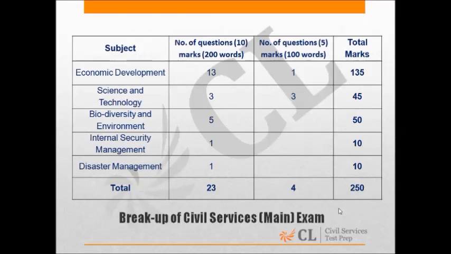So here we can see that 23 questions are of 200 words carrying 10 marks each, thus 230 marks, and there are 4 questions of 100 words carrying 5 marks each, thus 20 marks for the 100 words questions. So this was the overall breakup and the general analysis of the question paper.